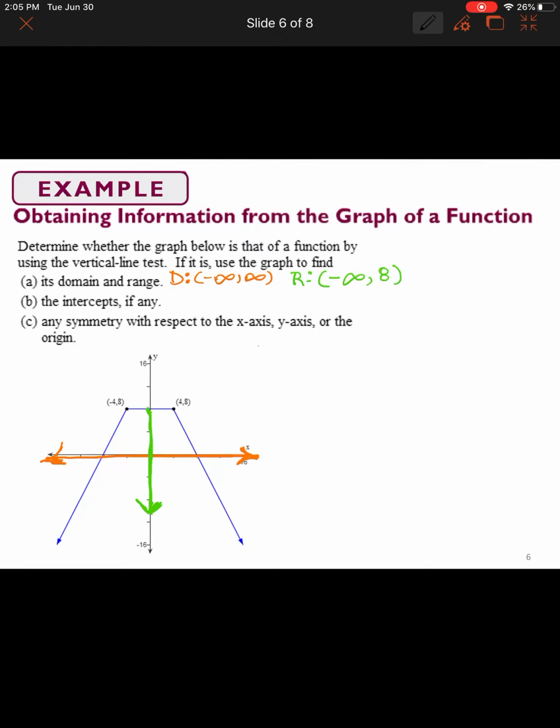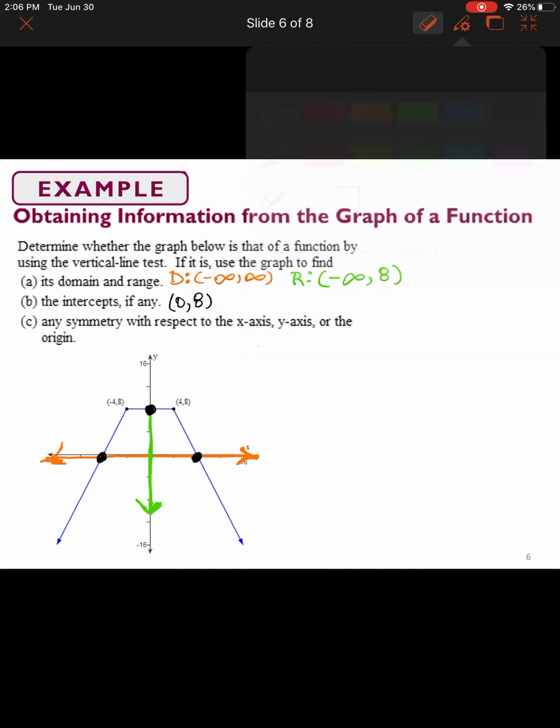And it has intercepts: 2 x-intercepts and 1 y-intercept. The y-intercept is (0, 8). The x-intercepts are, let me erase some stuff so I can see.